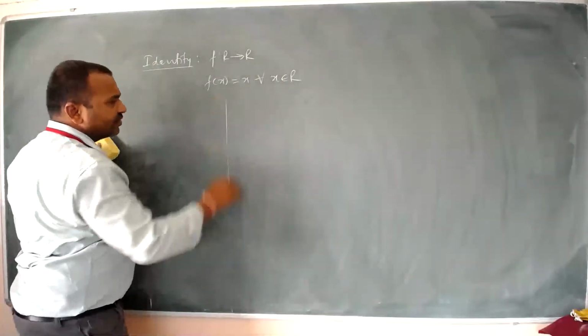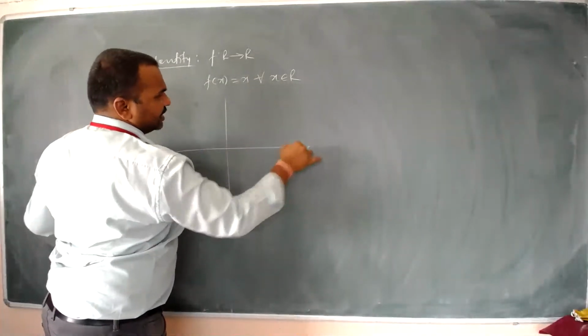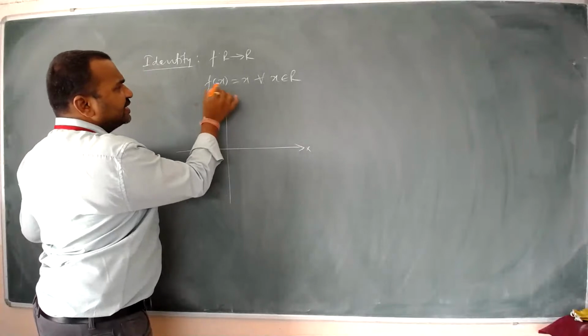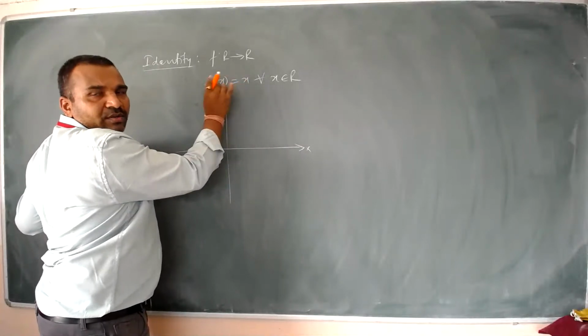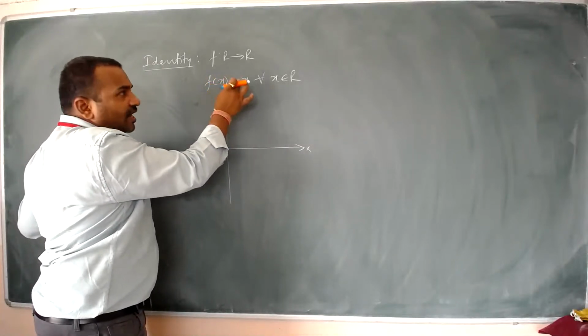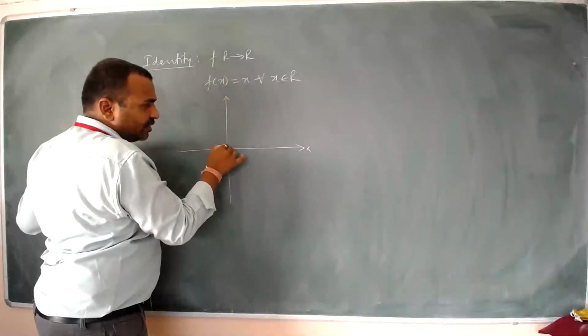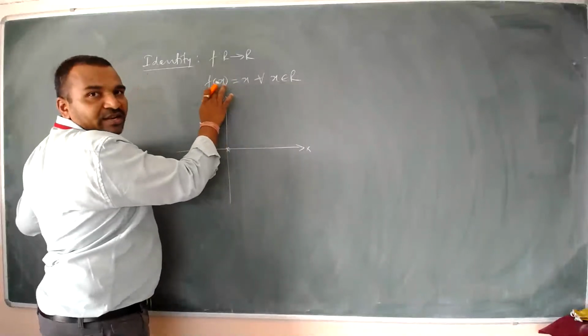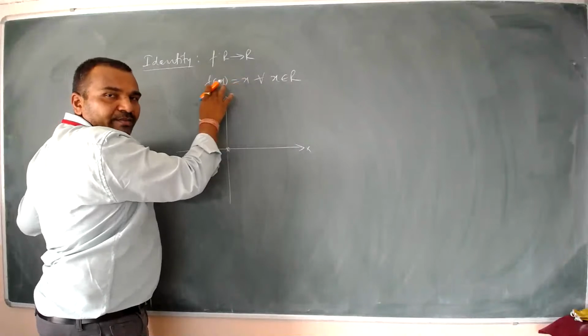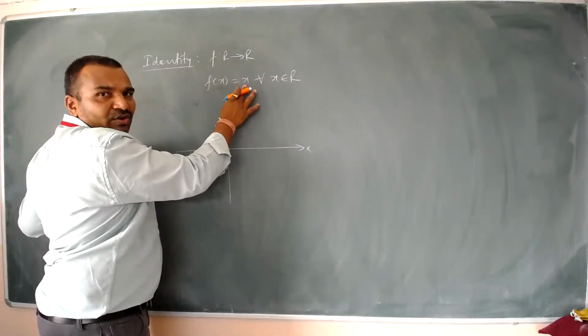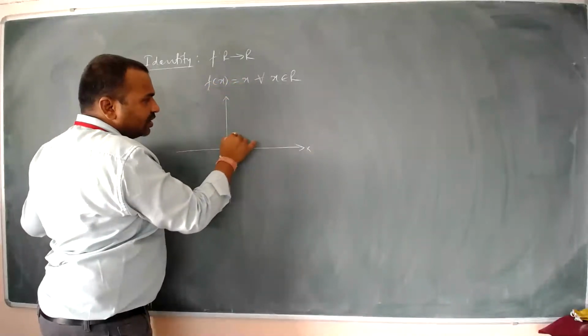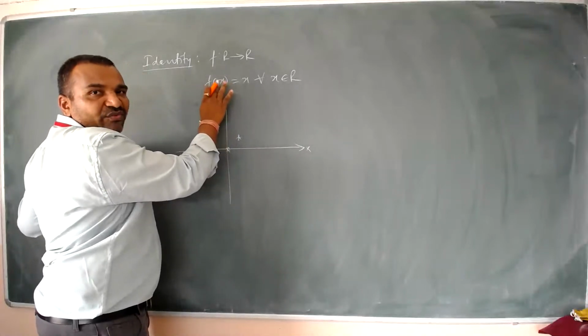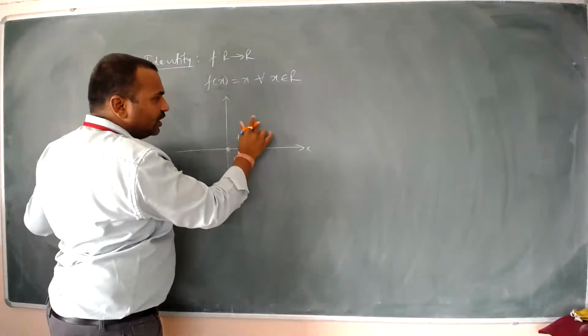So what is the graph of this function? If I take x value as 0, f of 0 is 0, so the point is 0, 0. If I take x value 1, f of 1 is 1, so 1, 1. If I take x value as 2, the answer is 2.